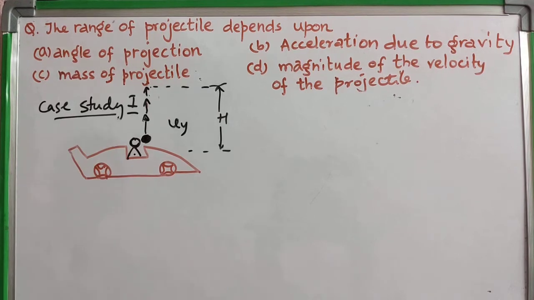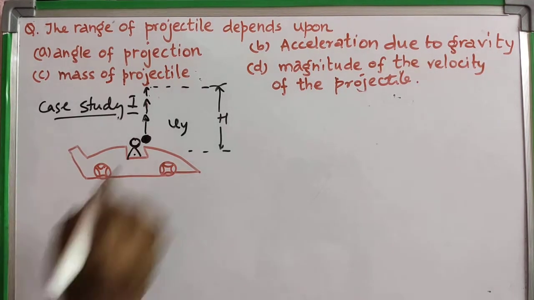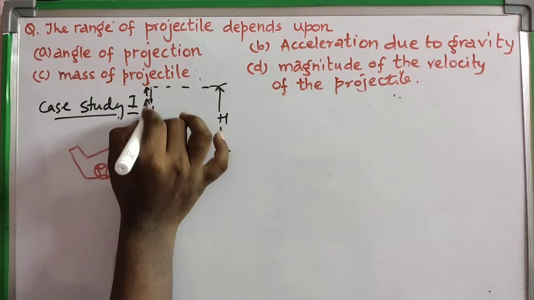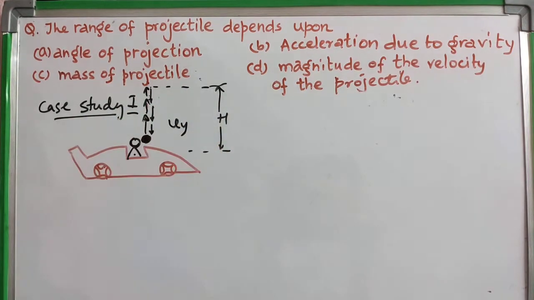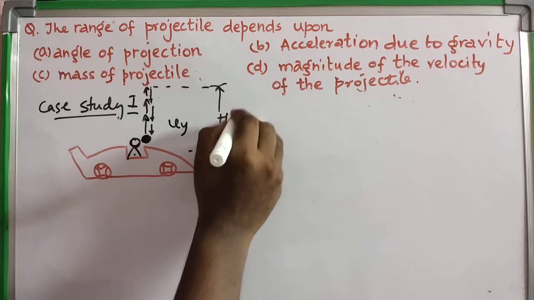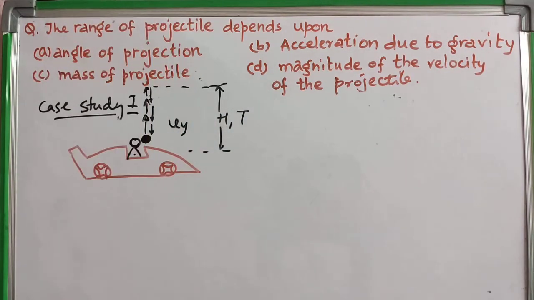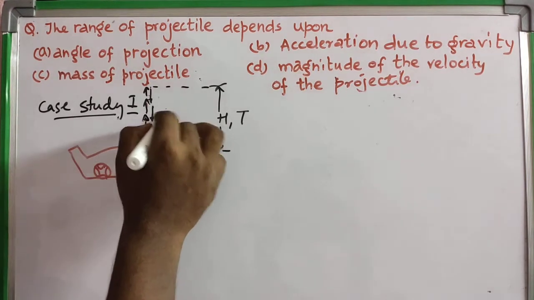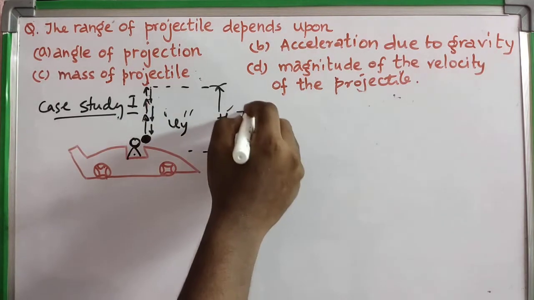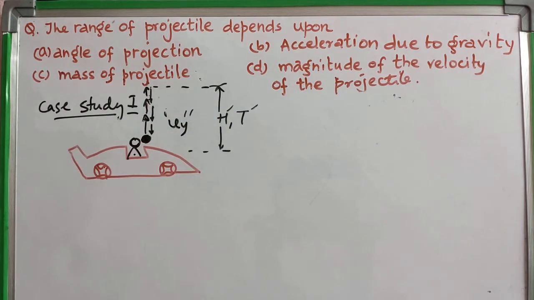So it went up to a certain height h and again returned back to his hand. The time of flight for going to the topmost point and returning back is capital T. So I asked him, when you throw it with velocity uy vertically upward, please note down the height as well as the time period, and he noted that down.